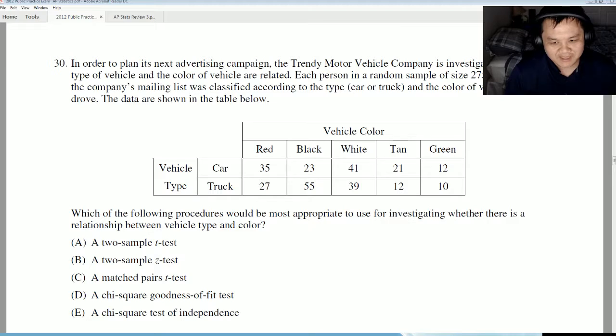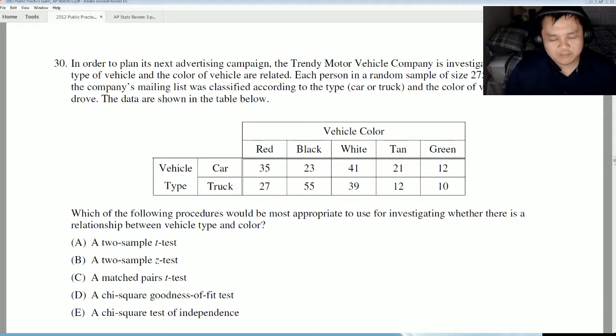That's my justification for the reason why it's not a two-sample test. If I want to set up, for example, for the red case, h naught is the probability a car is red minus the probability a truck is red equals 0, and ha is not 0.